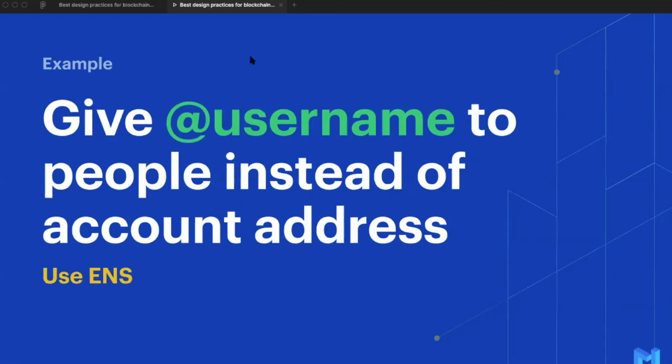Then use a username or a service like a phone number, and remove the account address part from the interaction between people, and it will be easy for people to use the application in daily life.